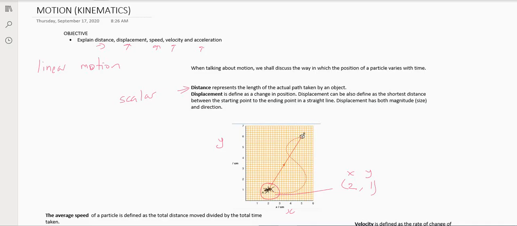Now, when this ant moves itself to another point, that ant changed his or her position to, let's say, 5 on the x-axis and 6 on the y-axis.